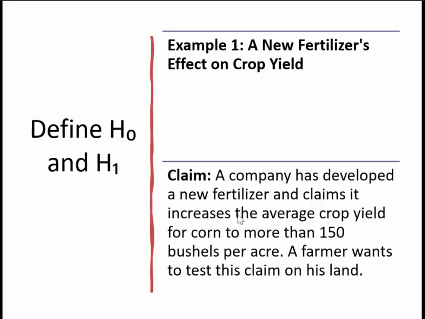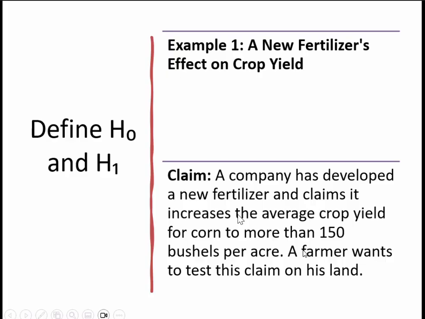So Y greater than 150 becomes our H1. Is that making some sense? We shall get there. So Y greater than 150 becomes our H1.